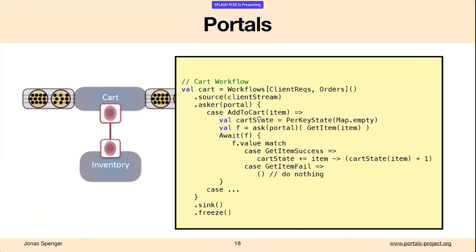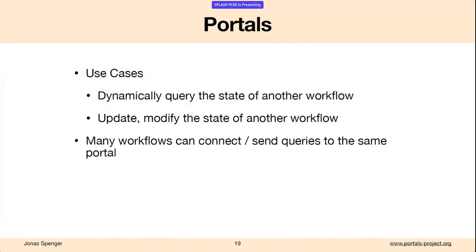If it's an add to cart item request, then we can ask the portal, which is now towards inventory, if we can get the item, and we can wait on the future, and so on. So pretty basic, how you would expect it to work.